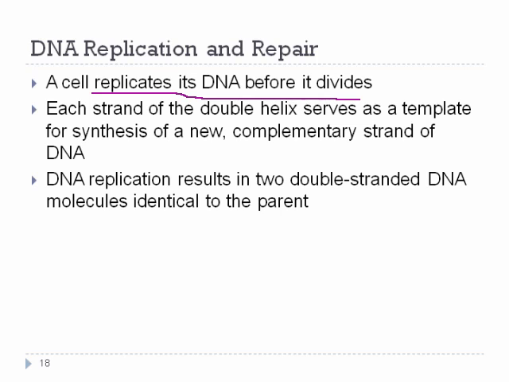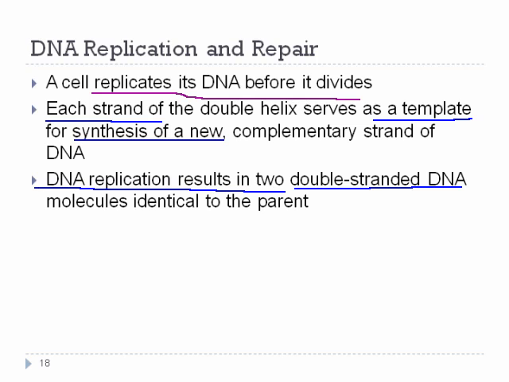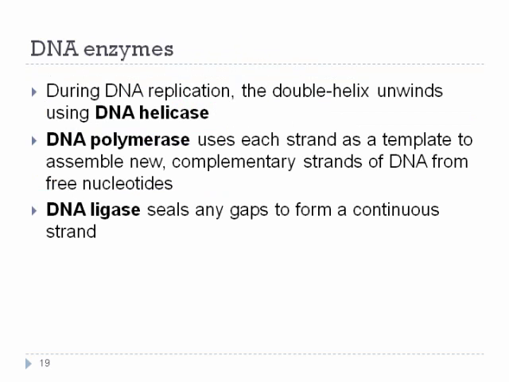When DNA replication occurs, each strand can serve as a template to synthesize a new strand. Because we have these base pairing rules, when we take a single strand, we know what should fit with it because of hydrogen bonds. So DNA replication is going to result in 2 double-stranded DNA molecules that are identical to the one that we started with.